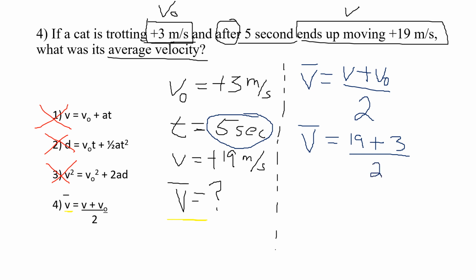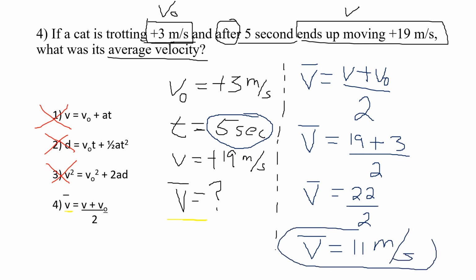Time is irrelevant in this equation. It doesn't matter. It's extra information. Don't worry about it. You don't need it. It's just to throw you off. There is always a 2 at the bottom of this equation. This was unnecessary. You didn't need it.